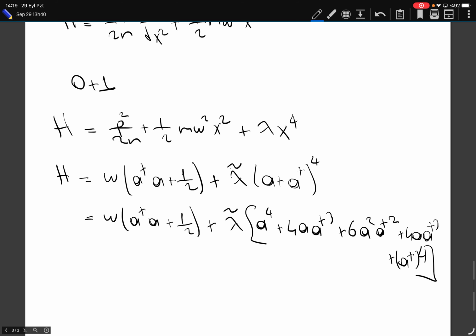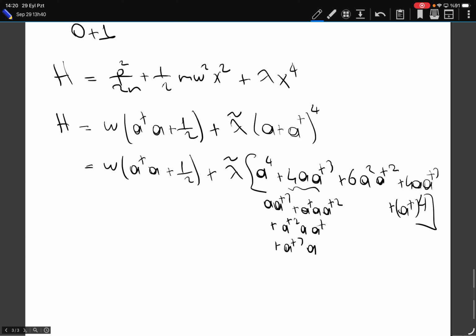So, for example, just this term will be a dagger cubed a plus a dagger squared a dagger plus a dagger a dagger squared plus a dagger cubed. I have 4 terms. If they would commute, I would get that 4. But since they don't commute, I don't get that 4. But as I said, I'm too lazy to write it down. You don't have that luxury in your homework, so do it properly.